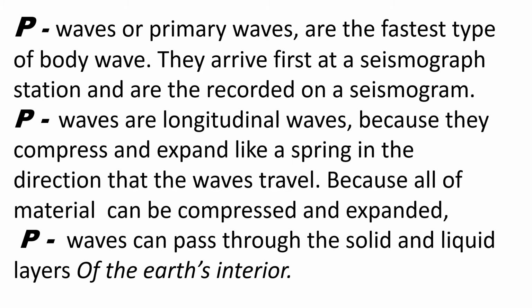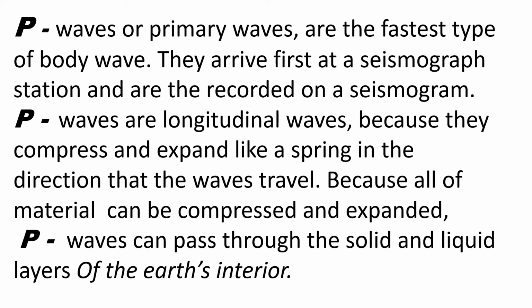Now, P waves, or the primary waves. Class, try to remember that the P wave stands for primary waves. These are the fastest type of body wave, so they arrive first at a seismograph station and are recorded on a seismogram.